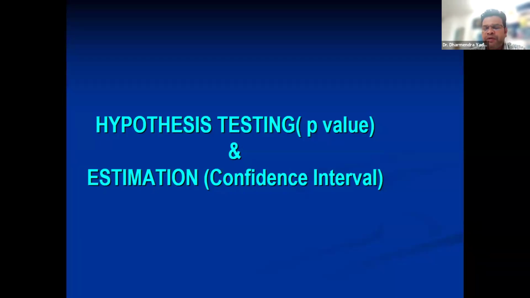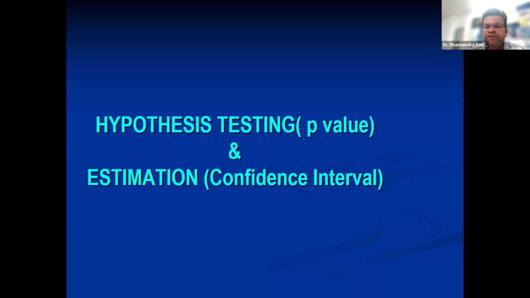This average height is our parameter, and it may be unknown to us or known to us. If we don't have any previous information about this parameter, then we estimate it on the basis of some sample. What is the average height? So if the population parameter is not known to us, then we go for estimation.